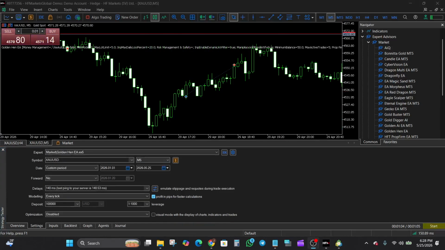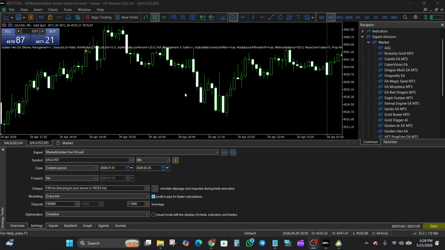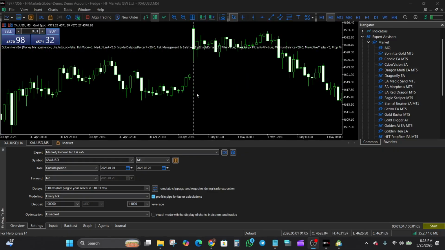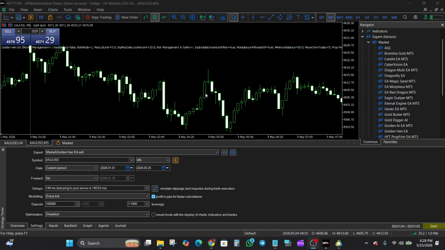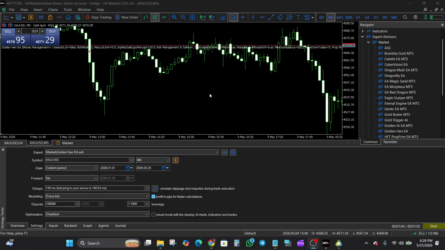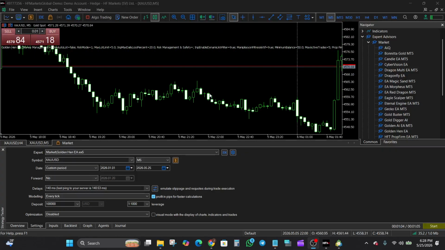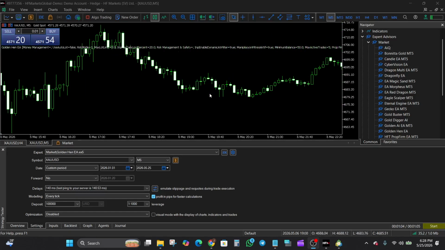So looking at the chart now, what I'm focusing on first is how the EA handles different phases of the market, especially because it is running multiple strategies in parallel. So you can see how trades are not coming from a single pattern, but instead appear across different market conditions depending on volatility and structure. In some areas, entries seem to align with sharp directional moves, while in other areas, trades appear around reversals or retracement phases.